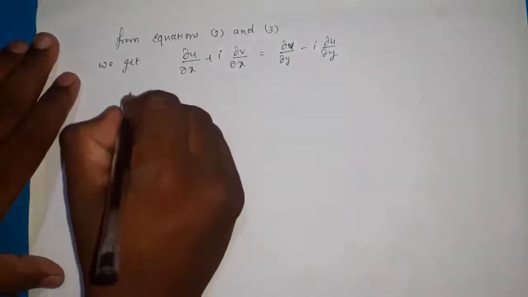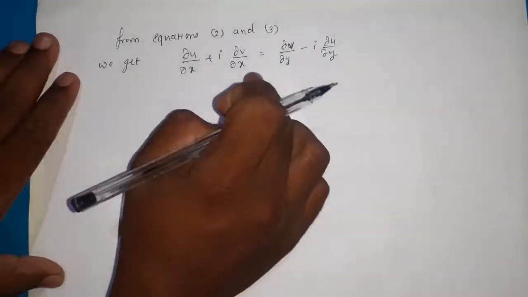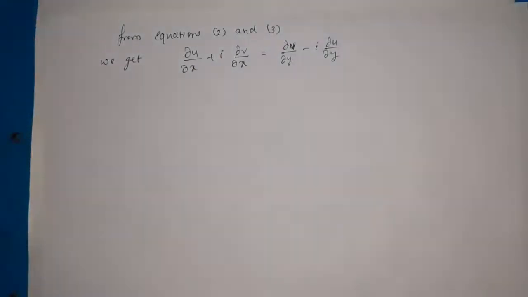Now these are two complex numbers, because they are of the form a plus ib. Whenever two complex numbers are equal, it implies that the real and imaginary parts of them are the same.